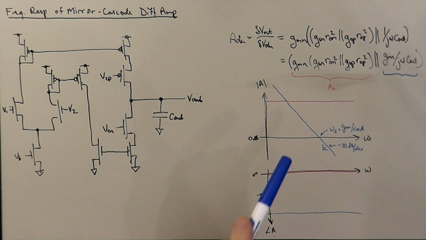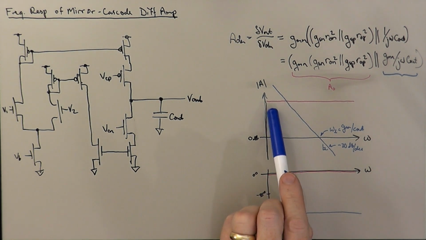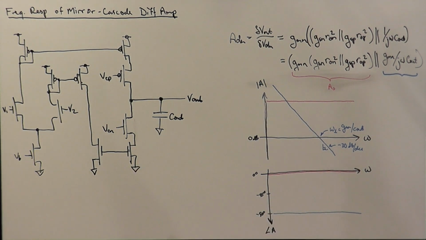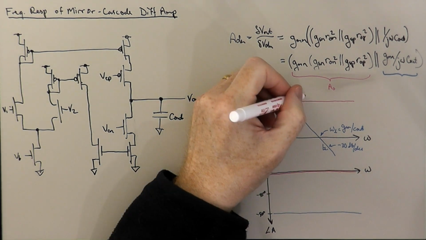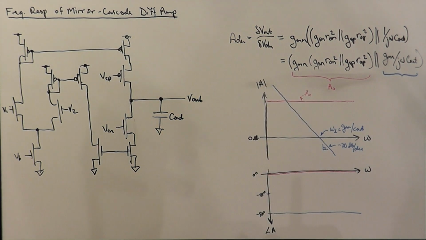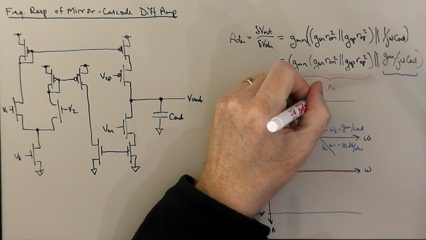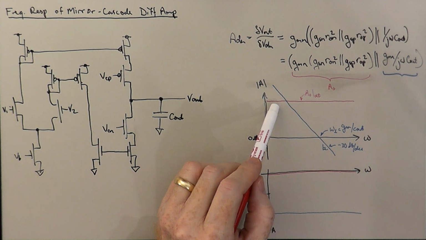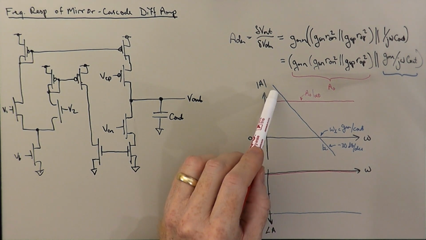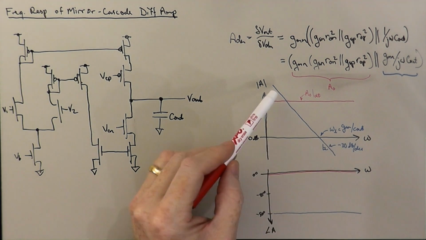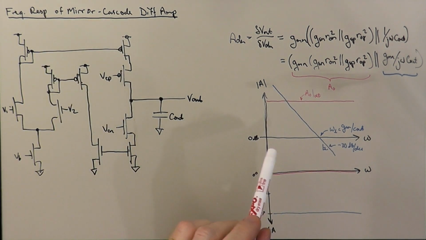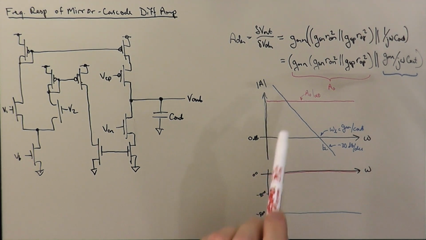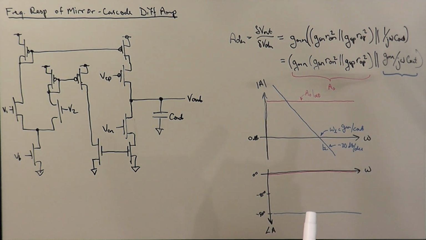Well, at low frequencies, obviously this constant gain, even though it's large, this A naught, is going to be much smaller than the impedance of this capacitor times GMN, which is approaching infinity as the frequency goes to 0. And so that A0 will dominate in the parallel combination.